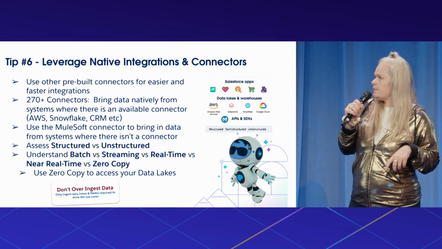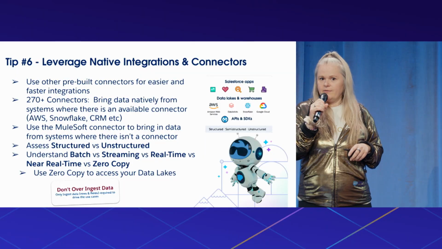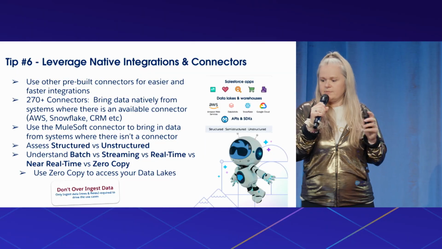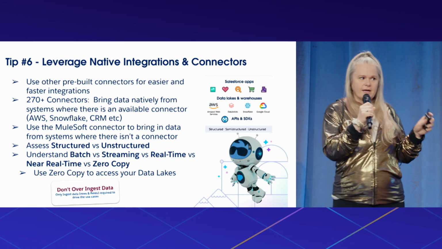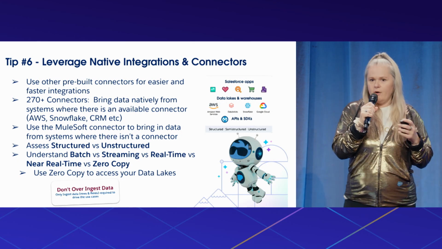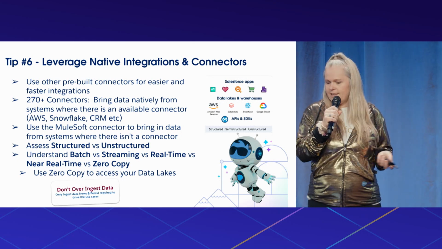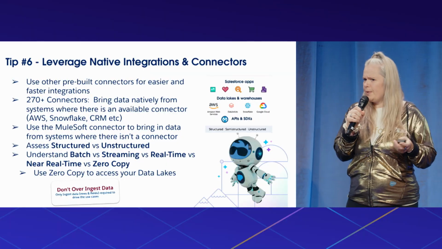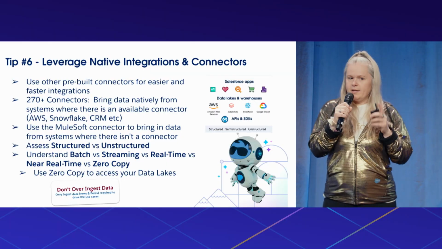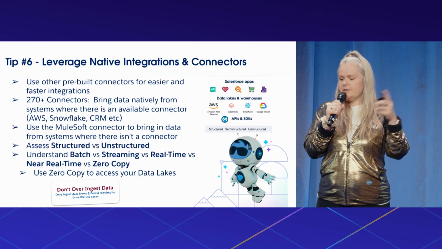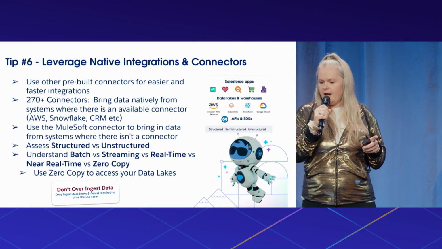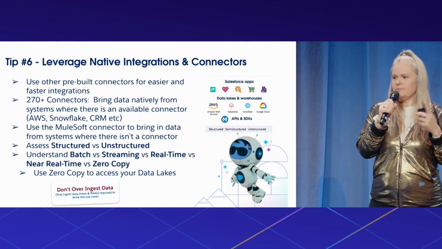Number 6 is you really want to try to leverage the native out-of-the-box integrations and connectors as much as possible. So there's a lot of different connectors out there. They're always adding more. They're always updating Data 360. I think it's every week. So you want to think about what you want to connect to. Go look to see if there's a connector. And then if not, there's other ways you can get around that.